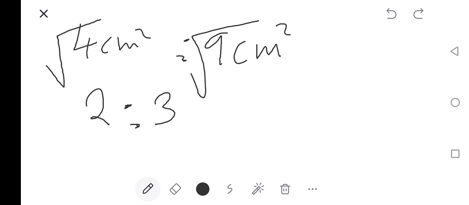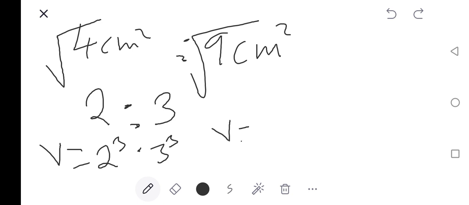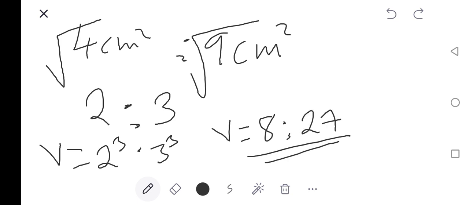So now that we have square rooted, we can find volume by saying 2 to the 3, 3 to the 3. So our volume ratio is going to be 8 to 27, without centimeters or anything. Are you following?